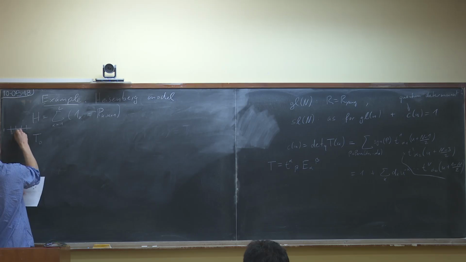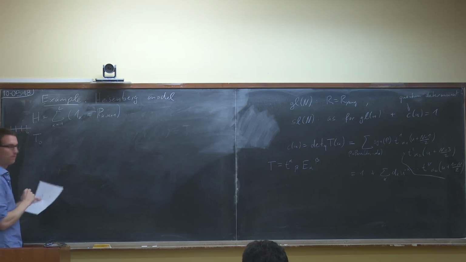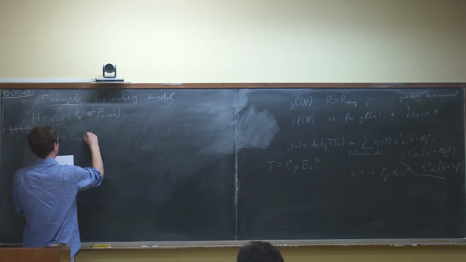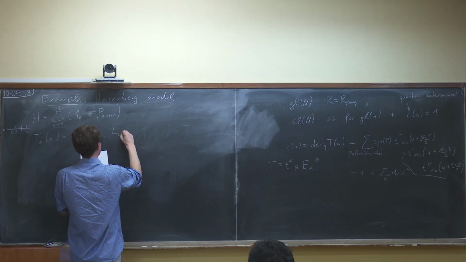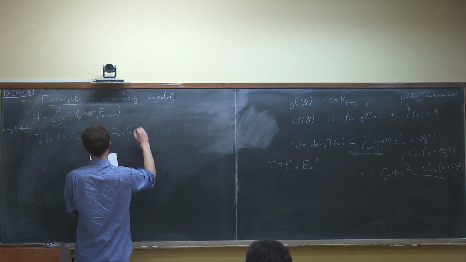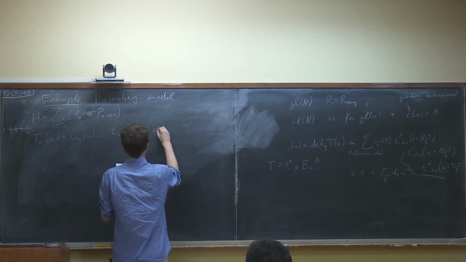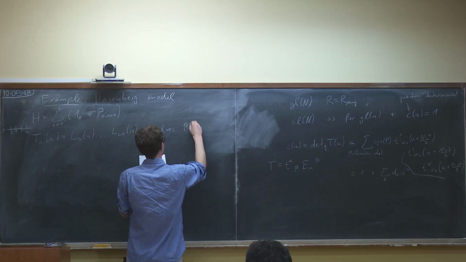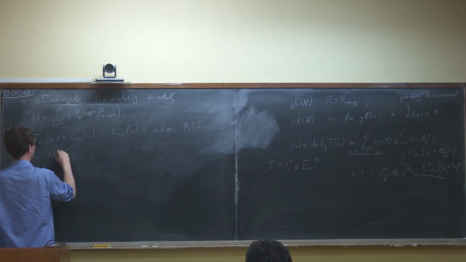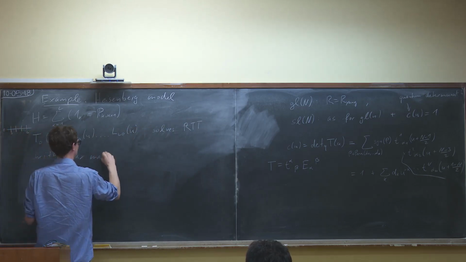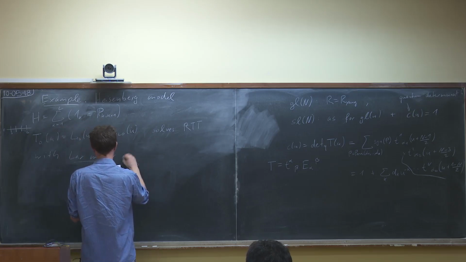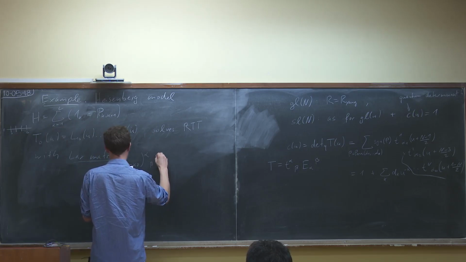This is now my space 0, and here I have 1 to L. And I can write down the monodromy in terms of Lax operators, which solves the RTT relation with the Lax matrix L_k0. So let me write it really explicitly.